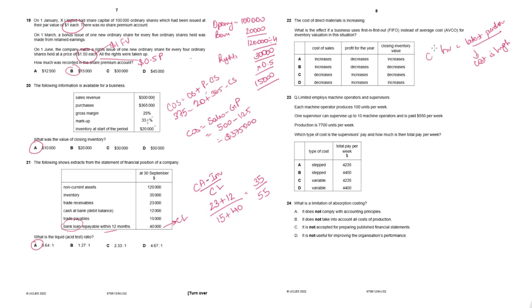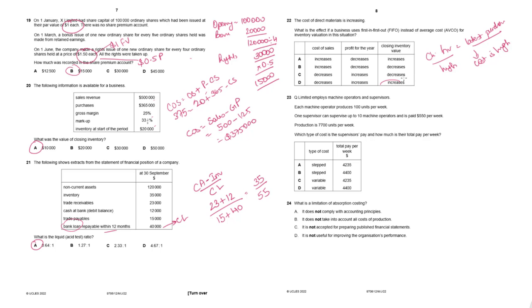It means our closing inventory value is obviously high compared to if we use average cost method. So value of closing inventory is definitely going to increase.